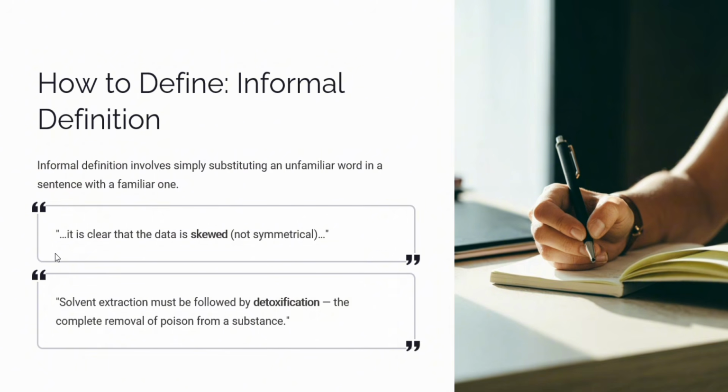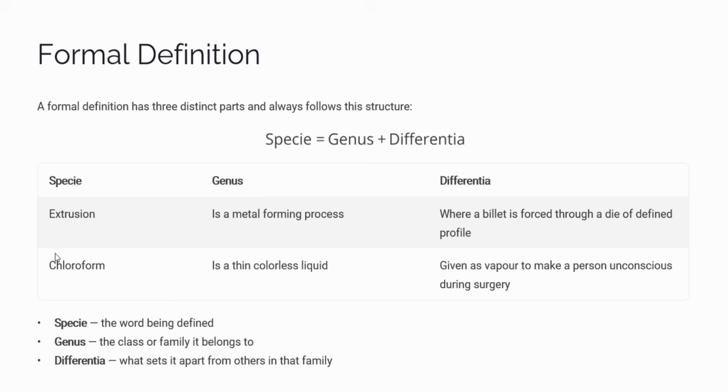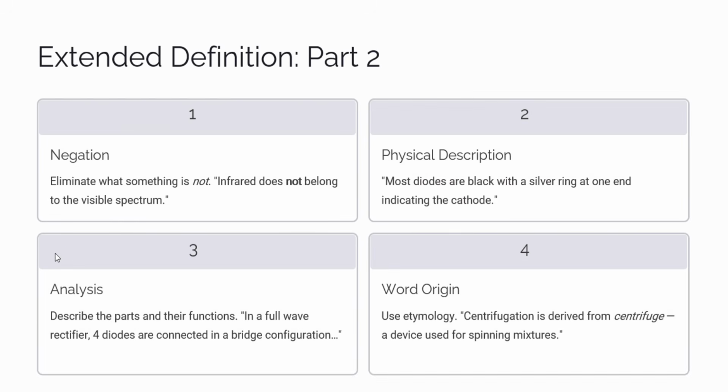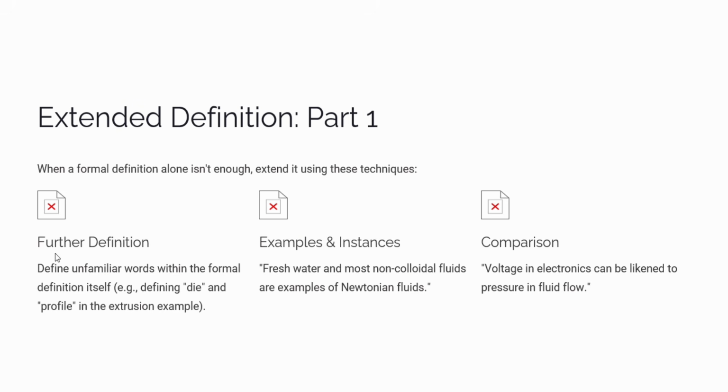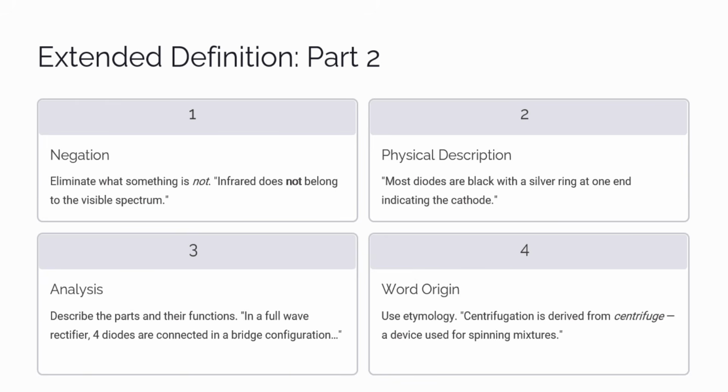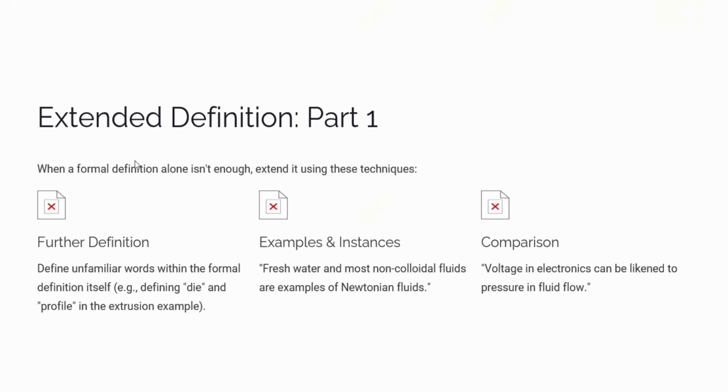We say that we can define in three ways, right? The informal, the formal, and the extended definition. Then under extended definition, we have further definition, examples and instances, comparison, negation, physical description, analysis, and word origin. So now let's look at them one after the other.